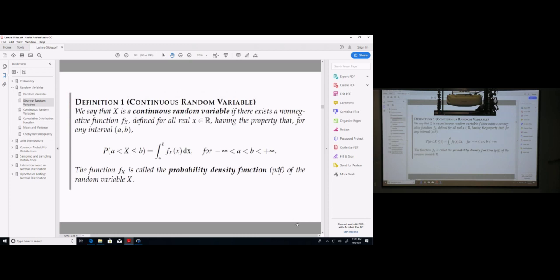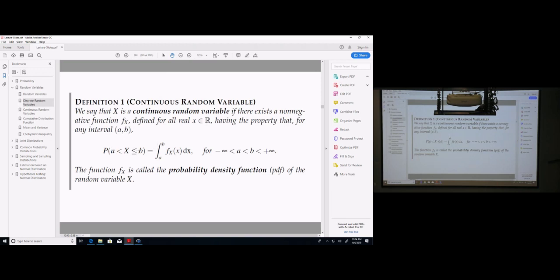So we say that x is a continuous random variable if there exists a non-negative function f, with a subscript x to remind us that it is associated with this random variable x, defined for all real x, having the property that for any interval AB, this probability of interest is given by an integration over the interval AB, defined by your problem.